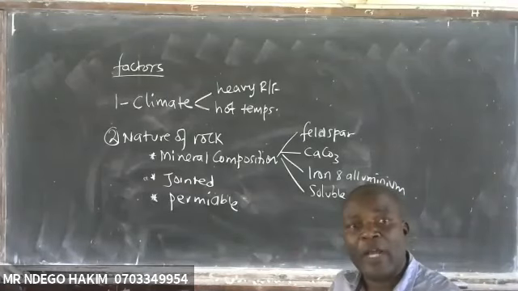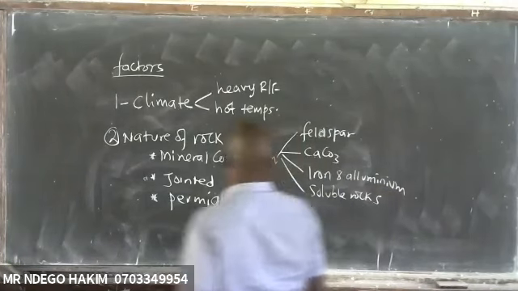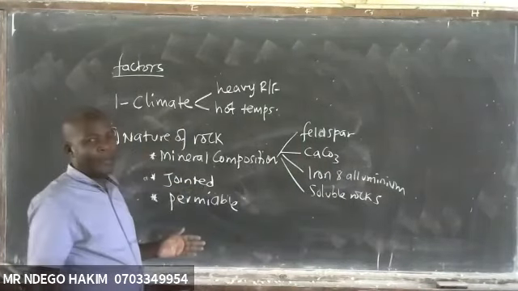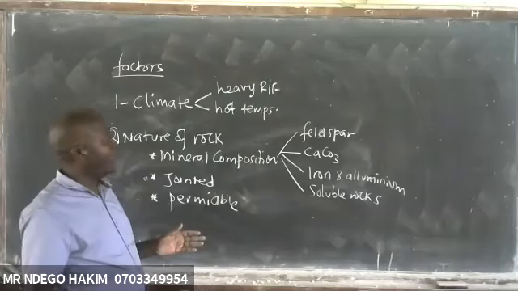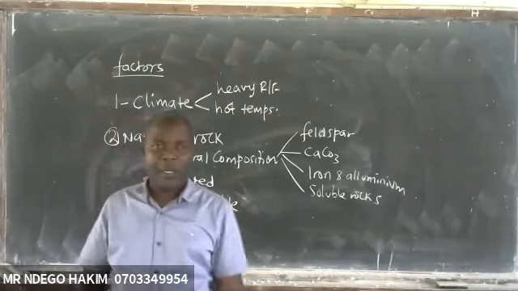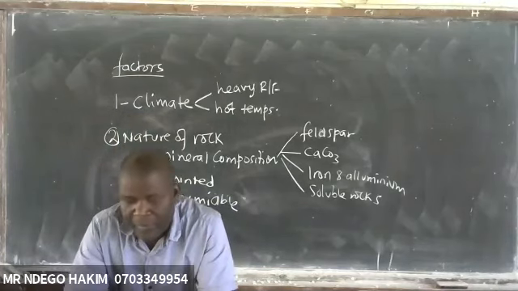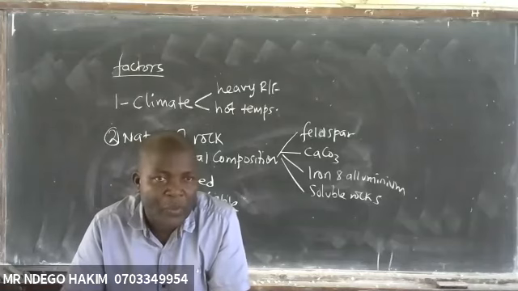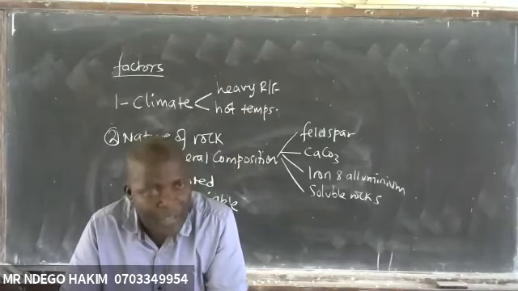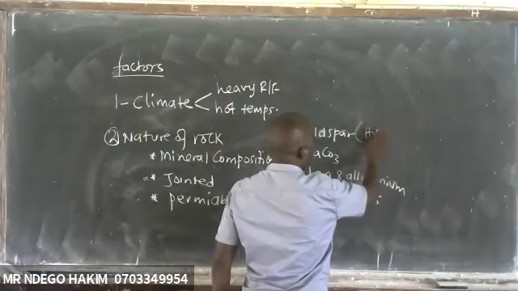Then from there, we can go to mineral composition of the rock. Rocks containing feldspar minerals are easily dissolved, leading to chemical weathering processes like hydrolysis.